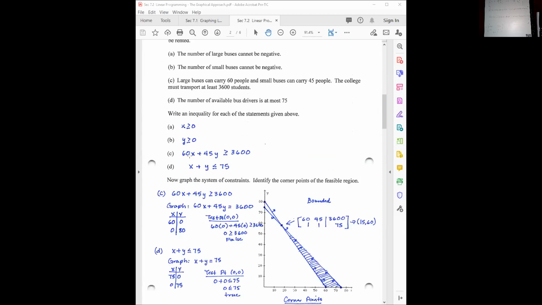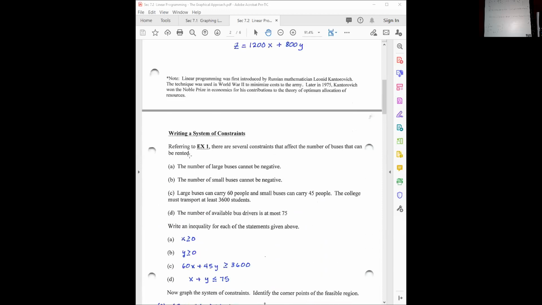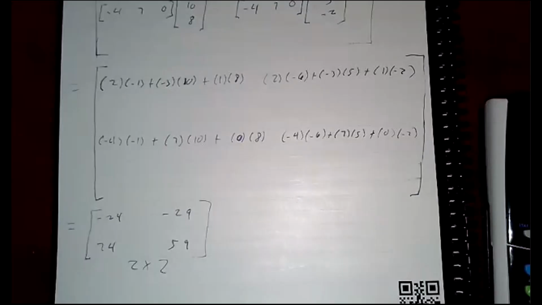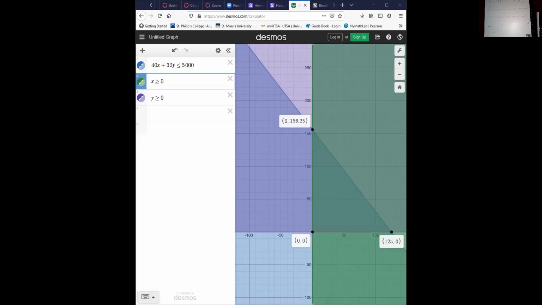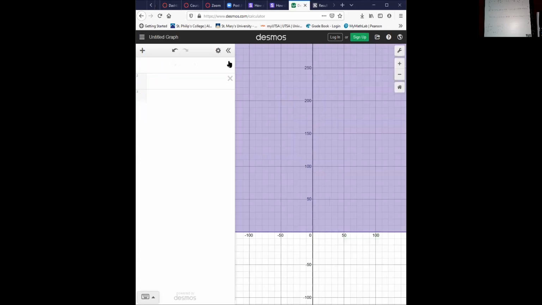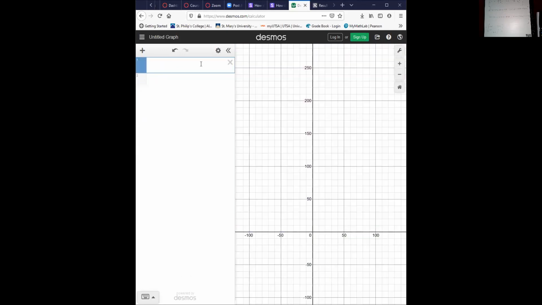Okay. All right, well, let's use this information to graph it, and then we'll try to solve it without looking at the answer. Okay, go back to the grapher here. One second. All right. So they said that the number of large buses, x, must be greater than or equal to 0.